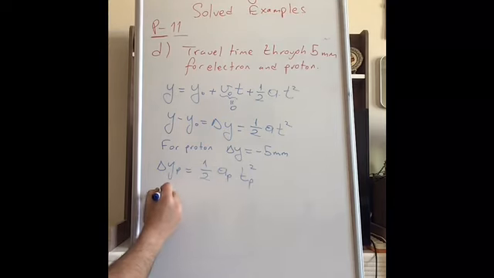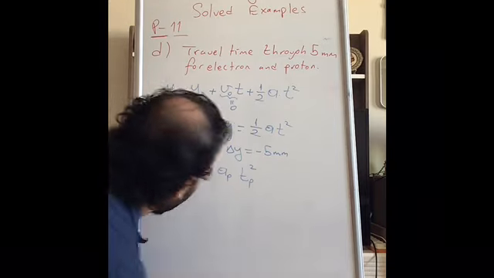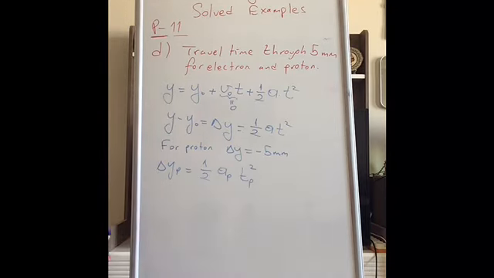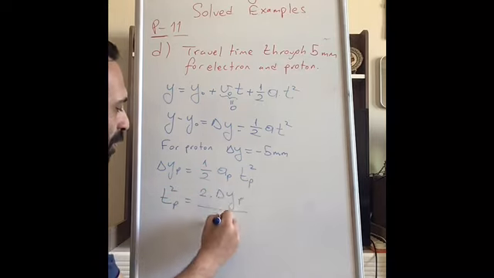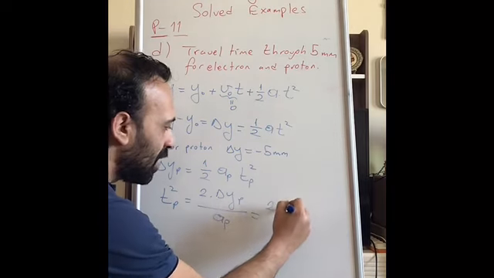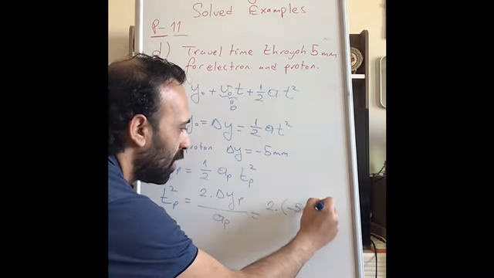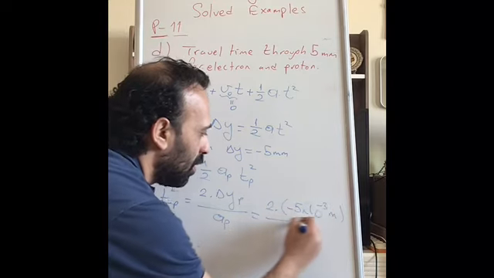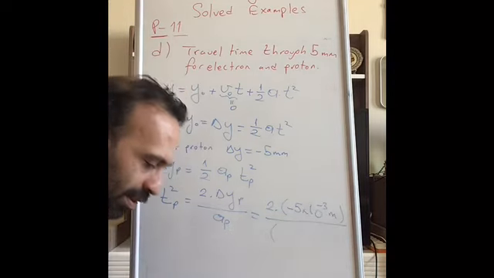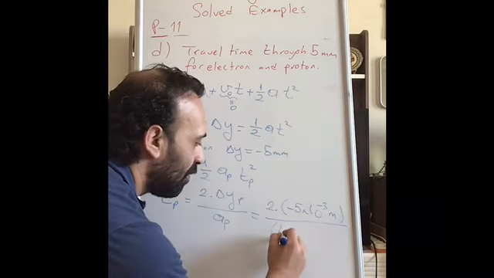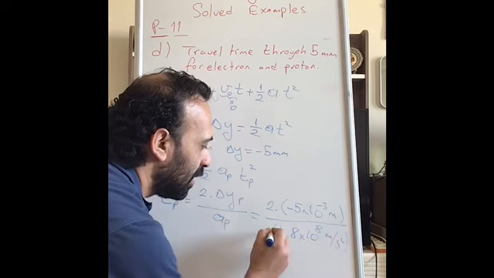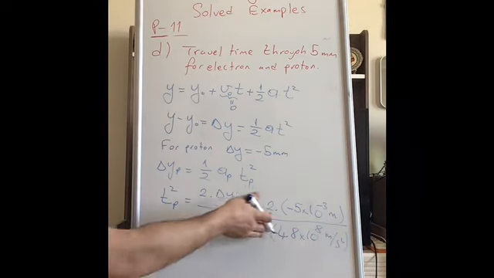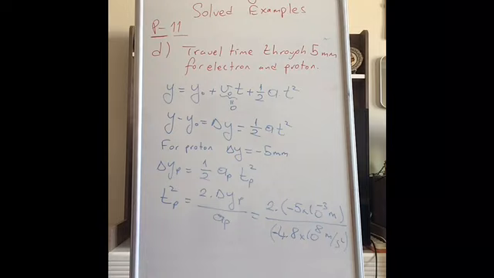From here, t proton squared will be equal to 2 times delta y proton over a proton, so 2 times minus 5 times 10 to the minus 3 meter over, what was the acceleration of the proton? It is about 4.8 times 10 to the 8 meter per second squared, but it is in the negative direction, so we need to include this negative sign here.